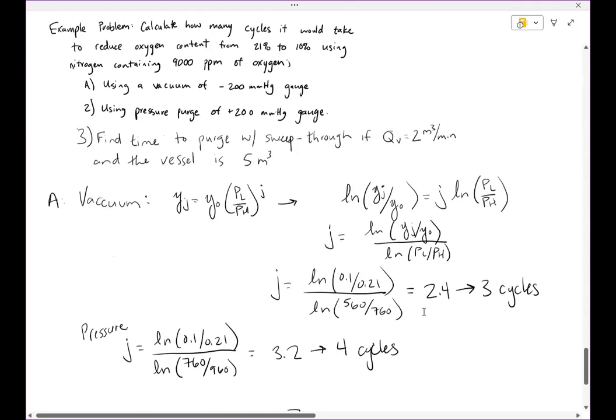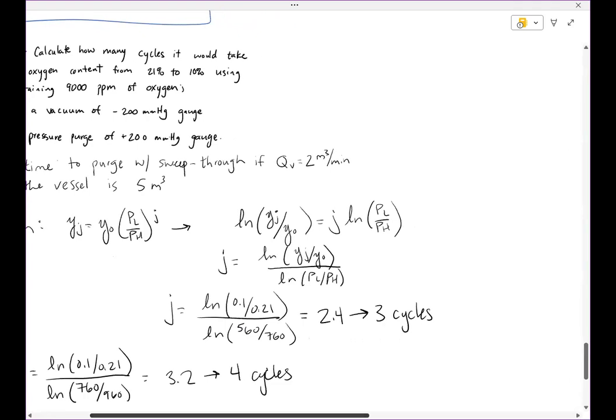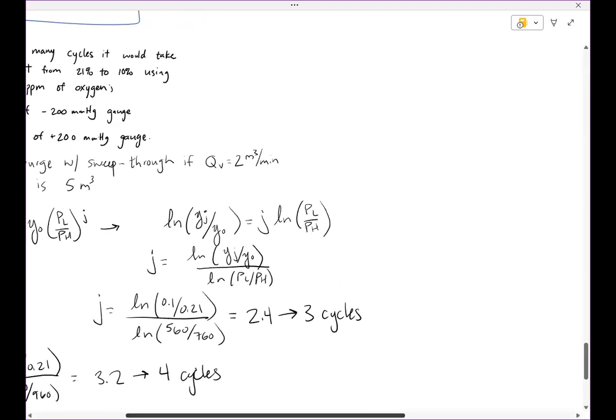Okay, let's circle back and talk about what to do about the impure inert. So equation 7.13 in the book deals with this. And I won't show the derivation, but you probably could fairly easily. All we have to do is just amend our equation.